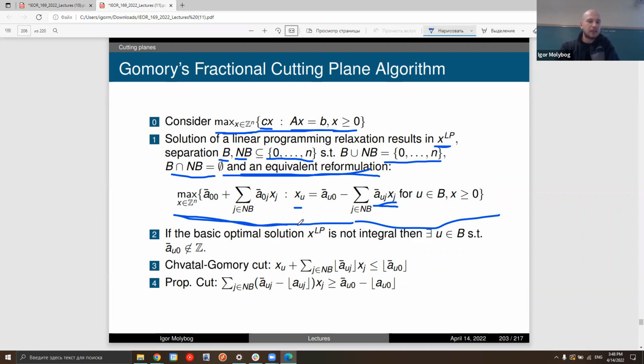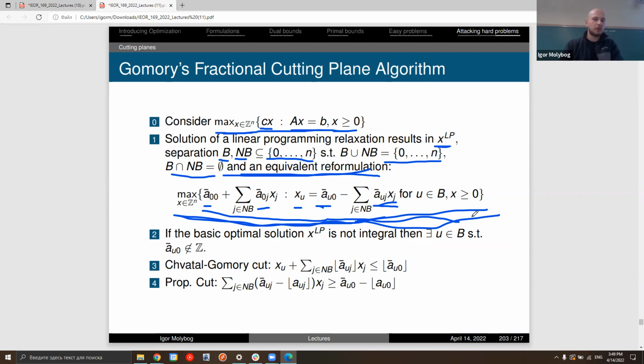But generally speaking, we can come up with the coefficients a bar and the coefficients of the objective value, so that this expression over here is the exact equivalent reformulation of the original problem, and all of these coefficients, for example over here, are non-positive. Therefore, it doesn't really make any sense to set these variables xj to be greater than 0.